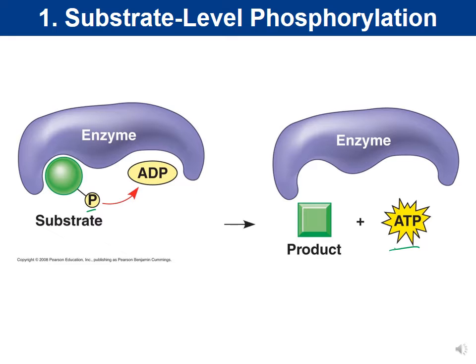This is used in glycolysis and the Krebs cycle, meaning in those two stages, that is how ATP is produced. It's produced by substrate level phosphorylation. So that's substrate level phosphorylation.